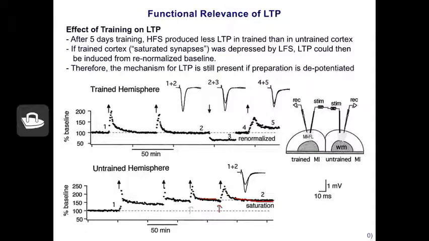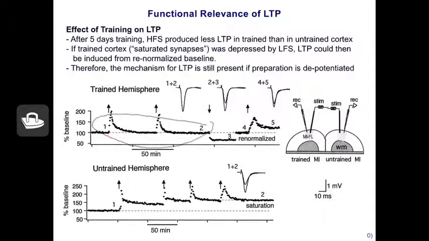It seemed that after the first 2 rounds of tetanic stimulation, the synapses were fundamentally saturated and could not be potentiated any further. So do you see where I'm going with this? It appears that in the trained motor cortex, up here, the synapses were fully potentiated by the training even before the first tetanic stimulation.